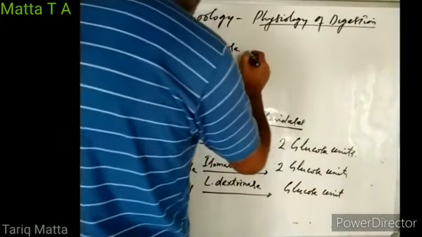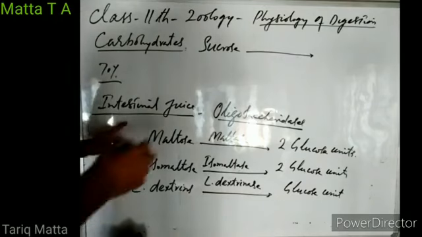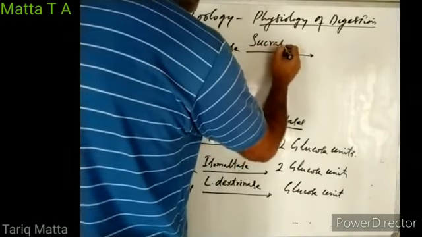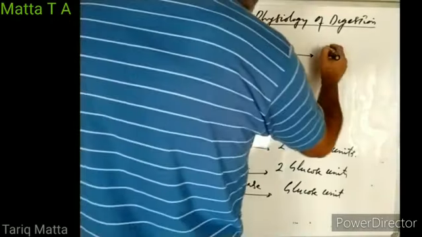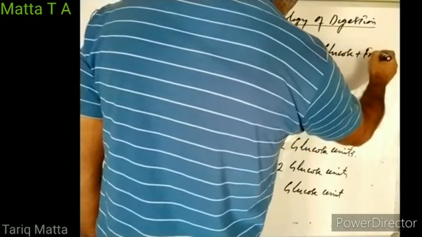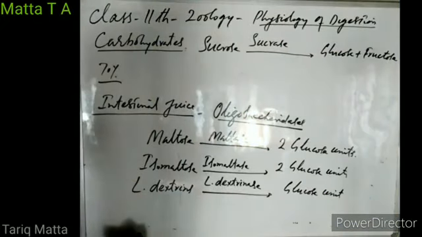So this sucrose is acted upon by an intestinal enzyme known as sucrase. This sucrase breaks sucrose into glucose plus fructose.